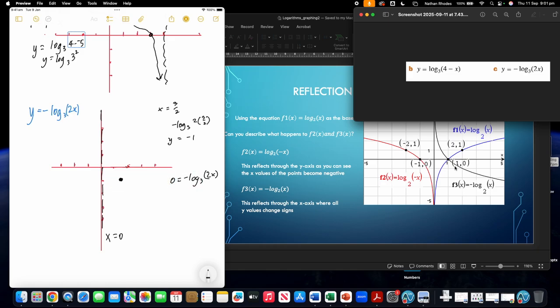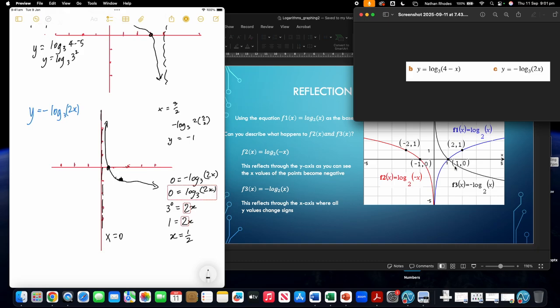If you decide to divide both sides by minus 1, we can do that, which still gives you 0 there. So then we've got log base 3 of 2x equals 0. 3 to the power of 0 is 1, so 2x equals 1, because we've changed it to an exponential from the log form. And then x is 0.5. So we know it's got to go through about there. Now I've got my two points, I can go like that.